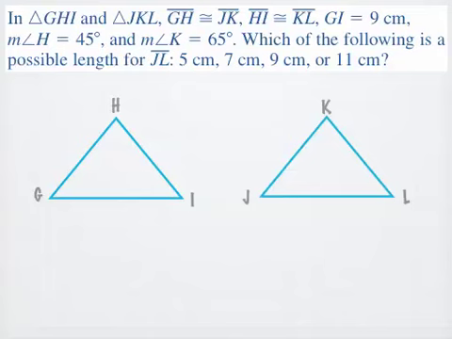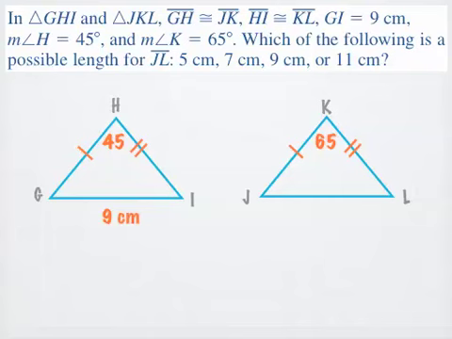So I have triangle GHI and triangle JKL. Mark what they've told you are congruent. So I'm going to mark that GH is congruent to JK. I'm also going to mark that HI is congruent to KL. I'm also going to say that GI is 9 centimeters and that the measure of angle H is 45 degrees. The measure of angle K is 65 degrees. Which of the following is a possible length for JL?